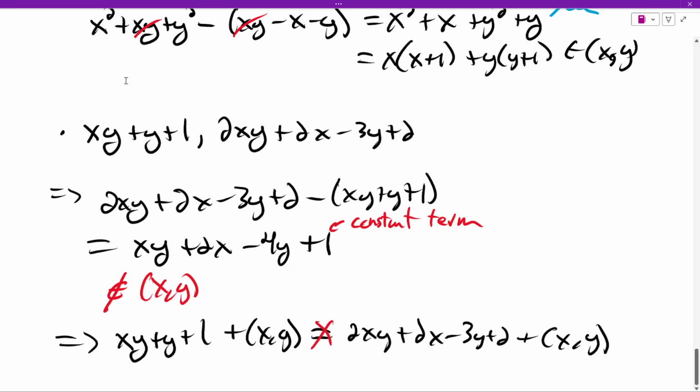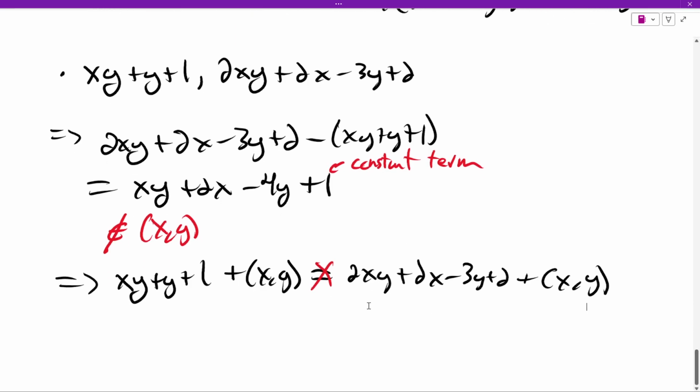It's not congruent because, when you take the difference, you have a non-zero constant term, and that's all you need to check. This non-zero constant term can't possibly be in there.